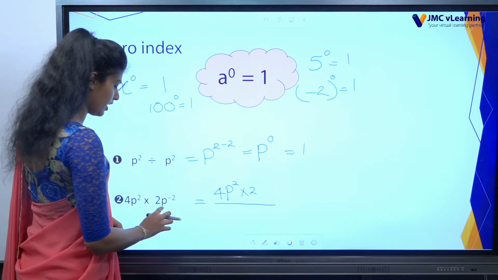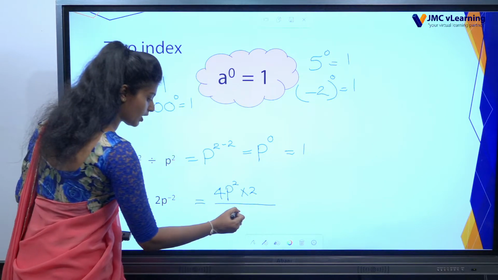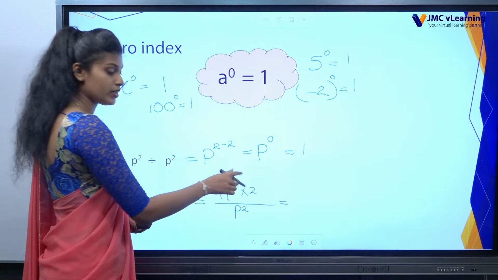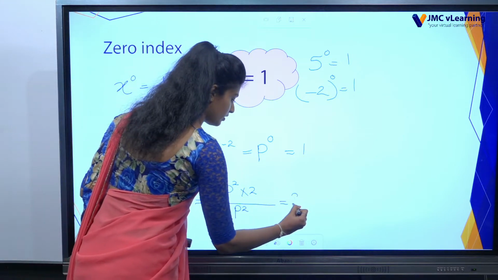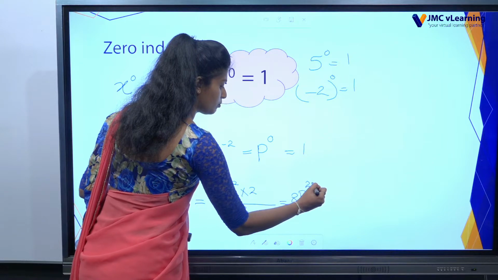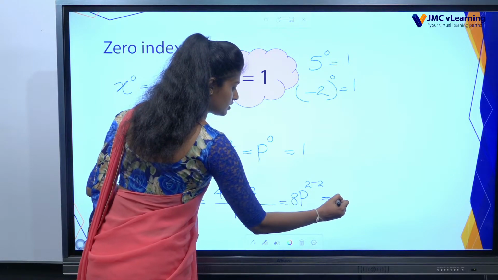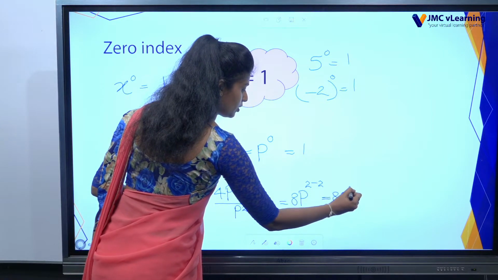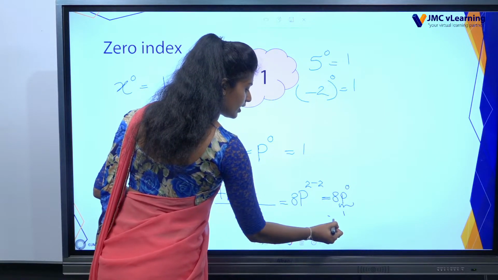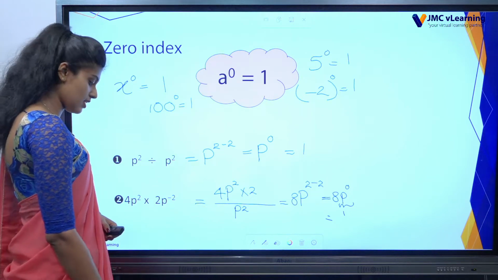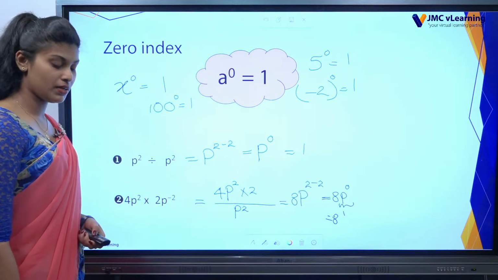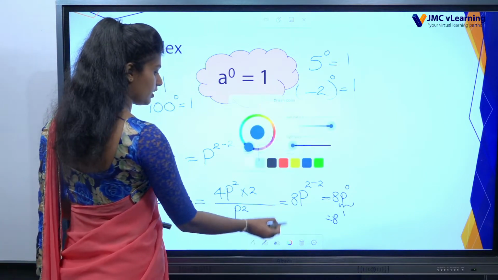Then take that p to the power 2 part below. 4 into 2 is 8. Then division, p 2 minus 2. The answer is 8p to the power 0. P to the power 0 means 1. Then 8 into 1. What is the answer? 8. Then we can simplify this one in another way.